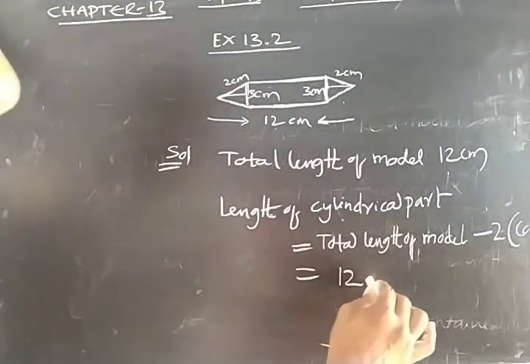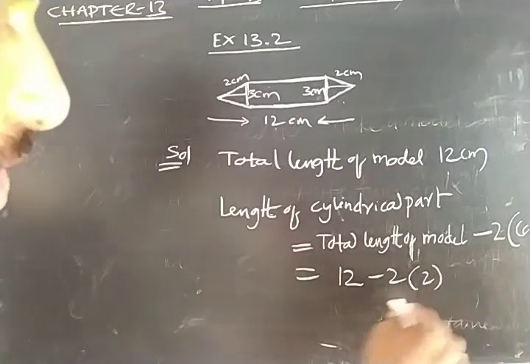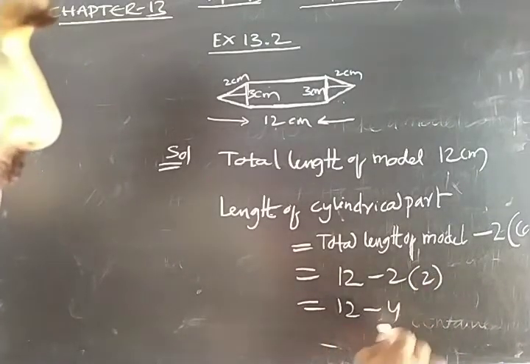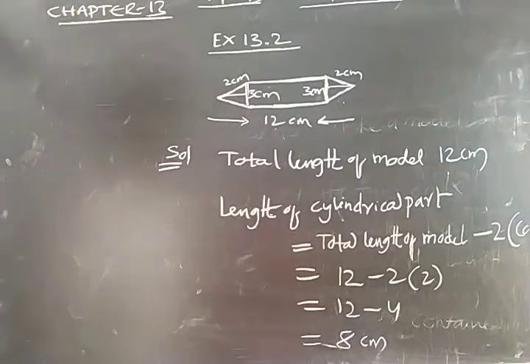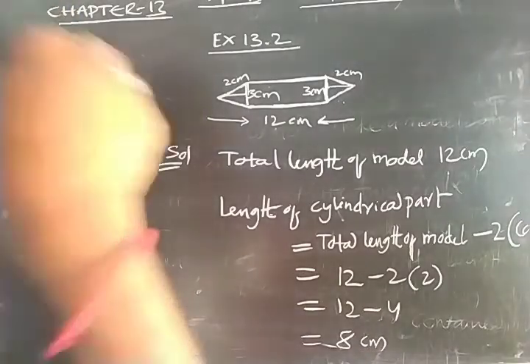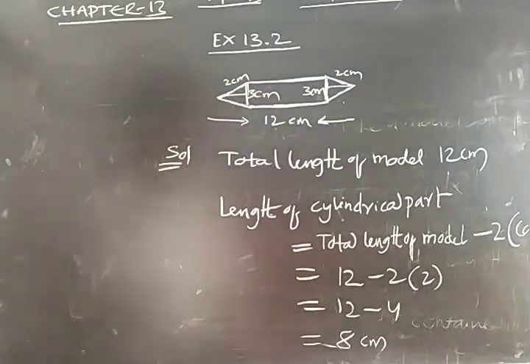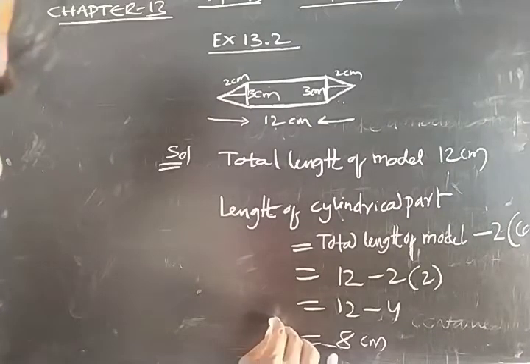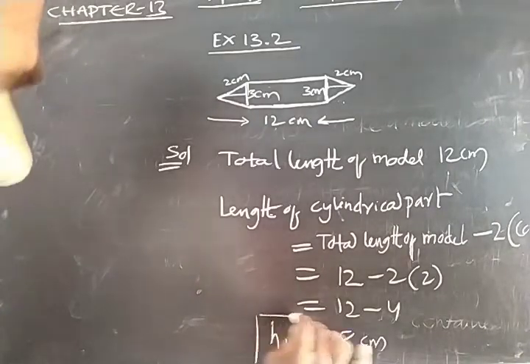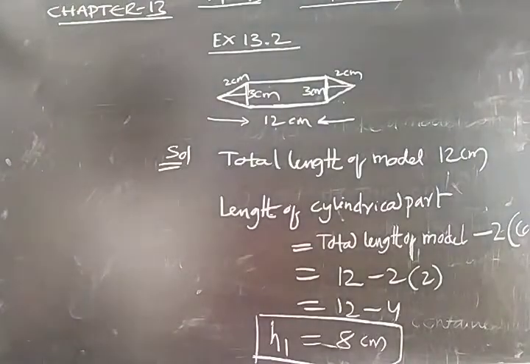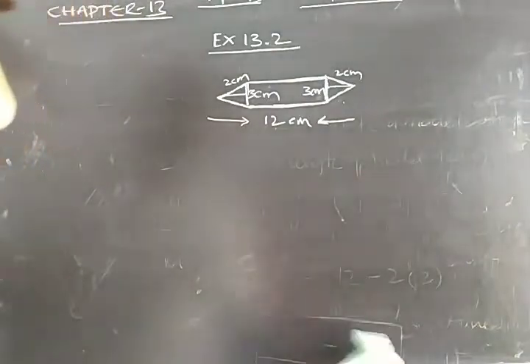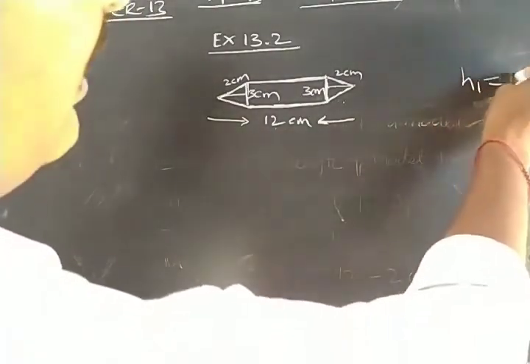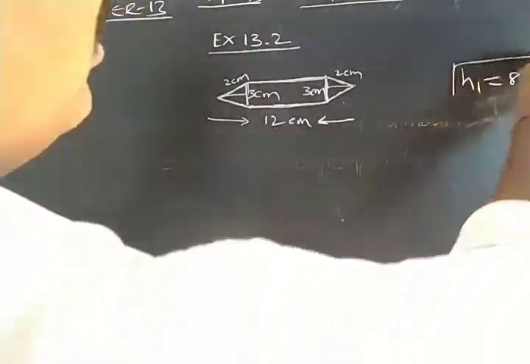Total length is 12 centimeters minus 2 into the cone height, which is 2 centimeters. So 12 minus 4, 8 centimeters is the length of the cylindrical part. I am denoting this by h1. h1 is the length of the cylindrical part, so h1 is 8 centimeters.